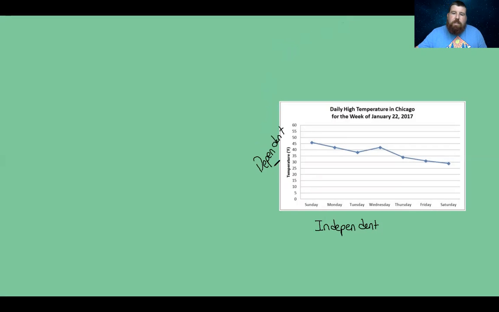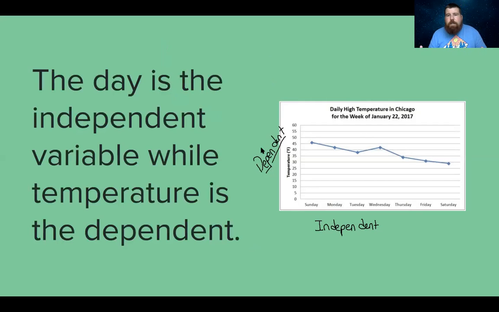This is a nice way of representing graphs, and something that you should be slowly familiarizing yourself with as we learn more about science in these next few weeks. So in this case here, the day of the week is the independent variable, while temperature is the dependent. So depending on the day we're taking the reading, the temperature outside is going to be different.